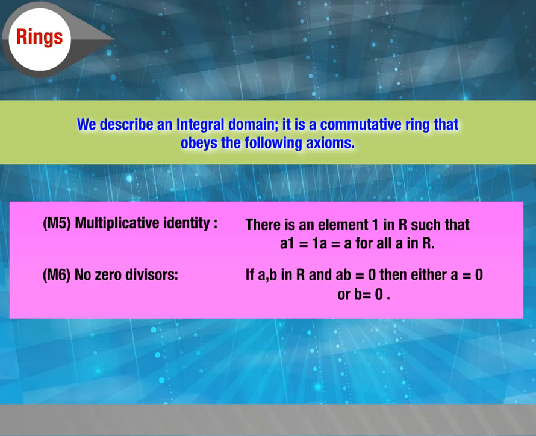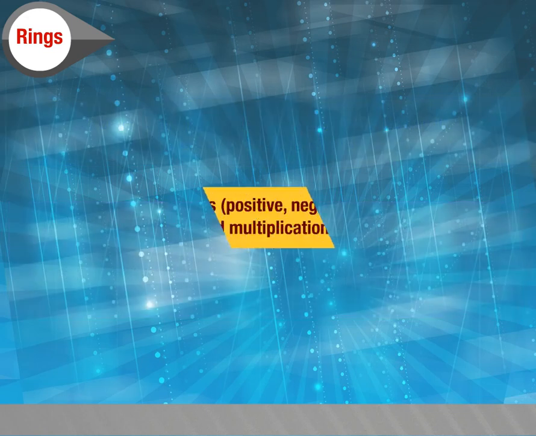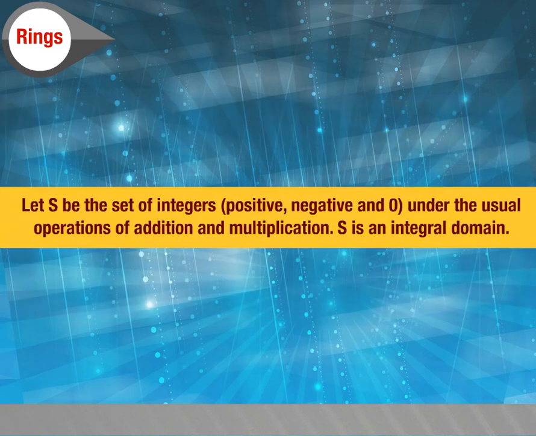No zero divisors. If A, B in R and A into B is equal to 0, then either A is equal to 0 or B is equal to 0. Let S be the set of integers, positive, negative and 0, under the usual operations of addition and multiplication. S is an integral domain.